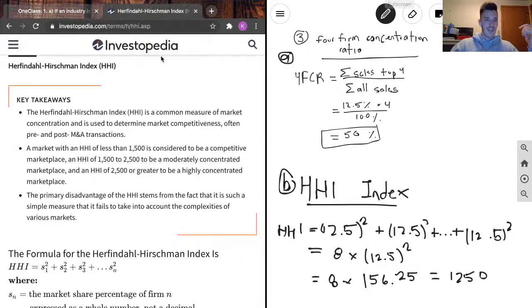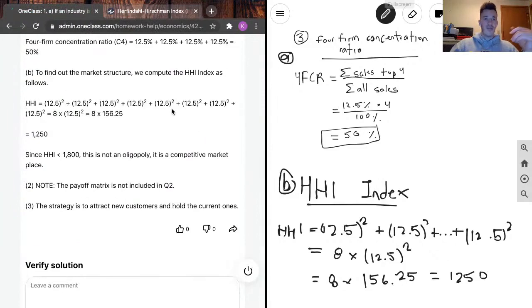Yes, I am. It's how I remember it from undergrad and how Investopedia defines it: when the HHI is less than 1500, it's competitive. They've got 1800. Either way, the number we come out to, 1250, is less than both of those. So according to the HHI, the Herfindahl-Hirschman index, this is going to be a competitive marketplace.